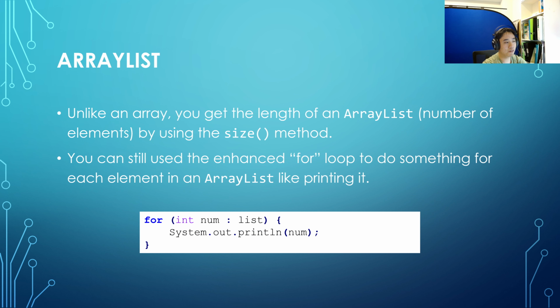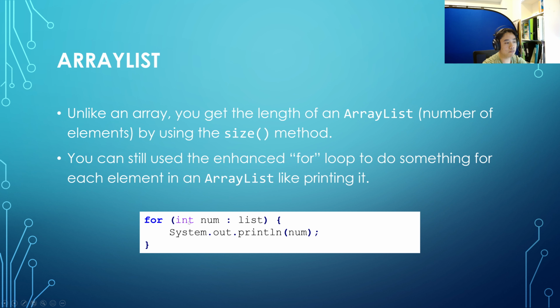And you can actually use the enhanced for loop to loop through each element in an array list. So I'm sure when you covered arrays, you've seen this for loop, right? The syntax for this for loop for array list is the same thing as for arrays. So you write the for to declare a for loop.